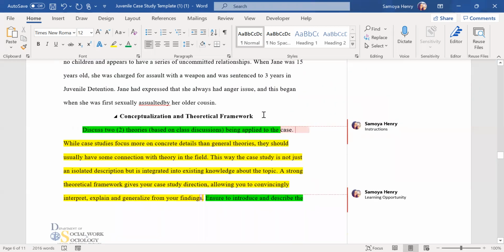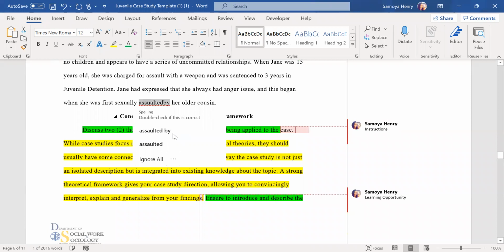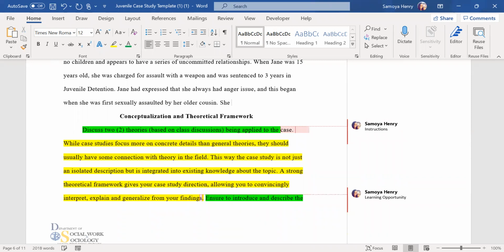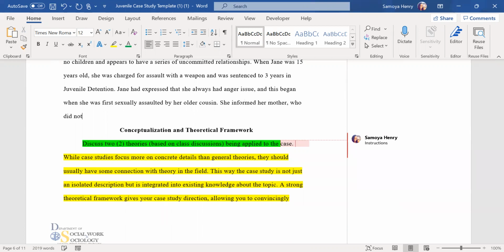She informed her mother, who did not believe her. Typical. And the assault continued.